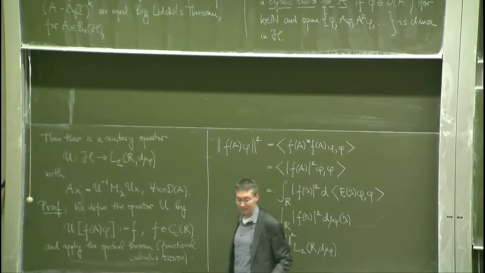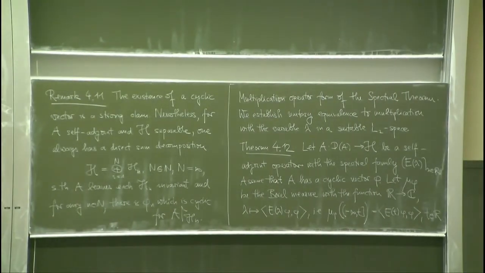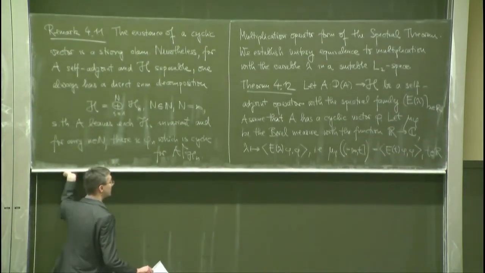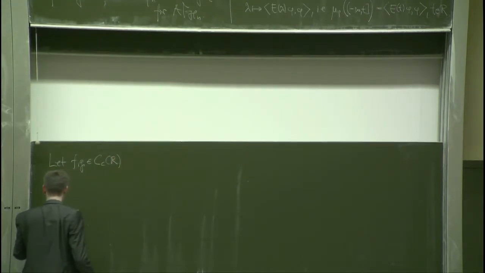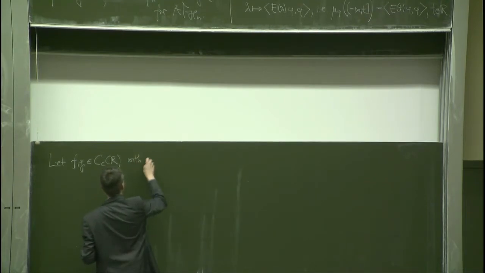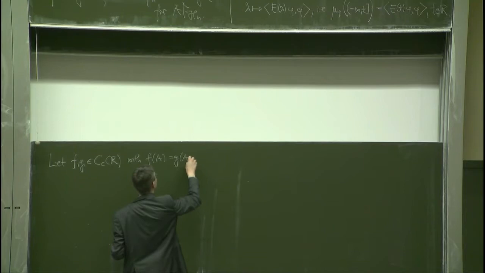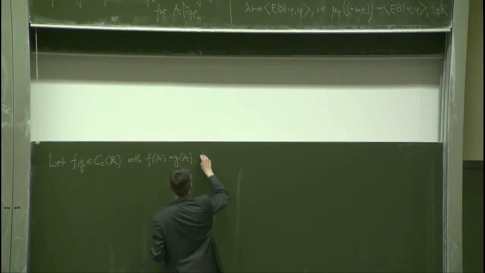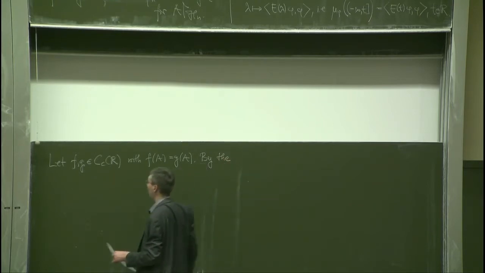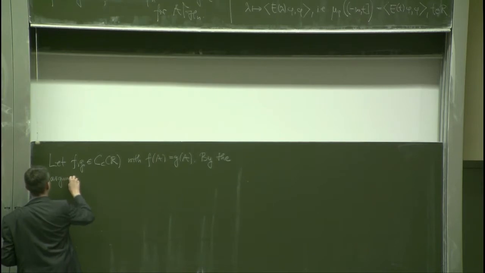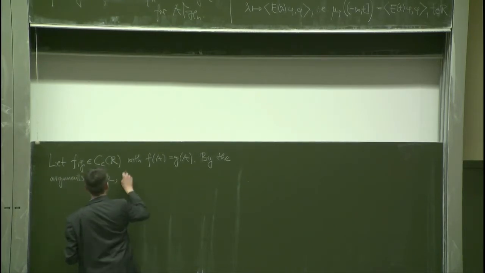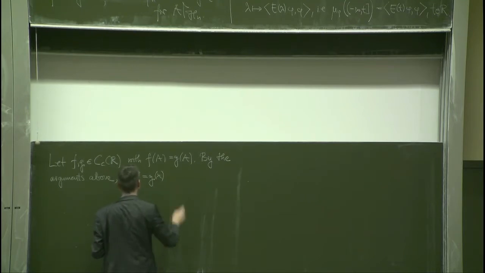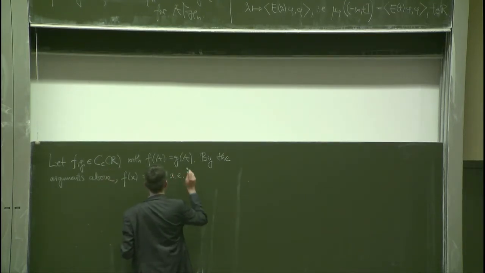Now we observe the following. Let f and g be two functions in CC of R, and assume that f of A equals g of A. By the arguments above, so here on the other blackboard, this refers to my script, we obtain that f of x has to equal g of x almost everywhere.